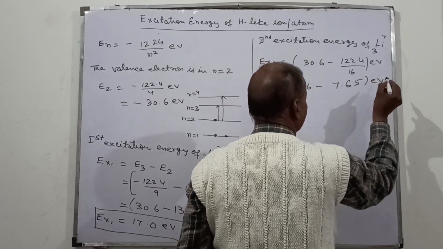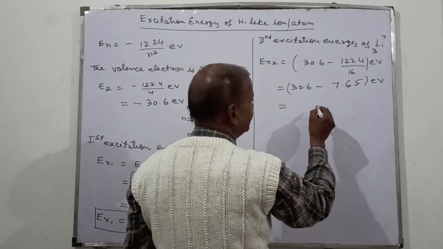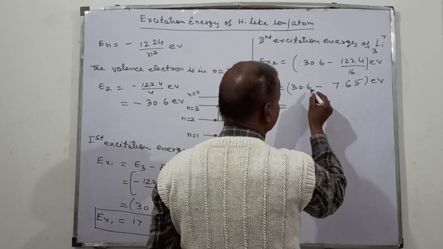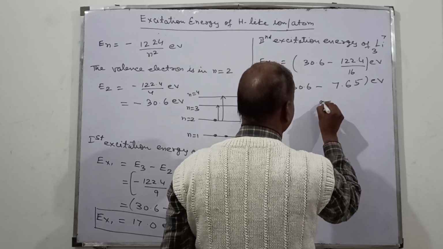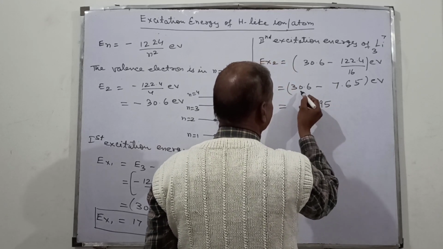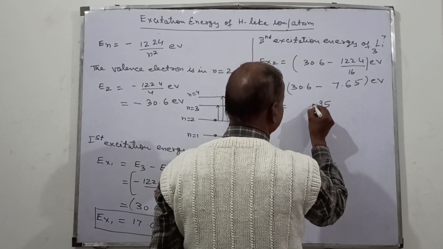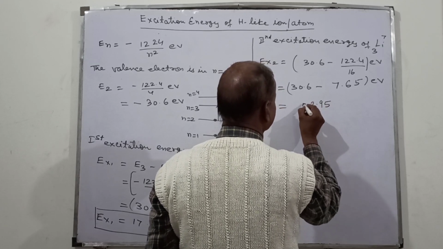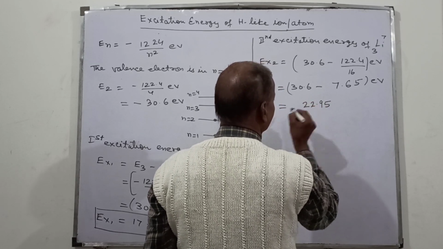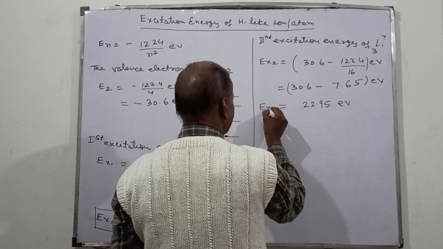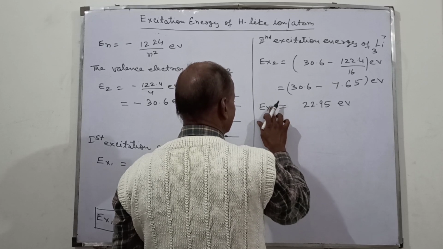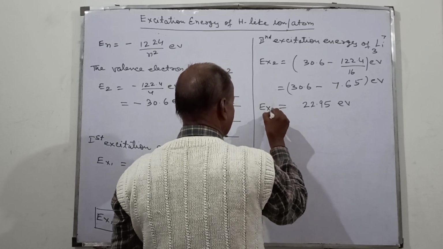So much electron volt. So this will be your 9 point, and this is now 2, so much electron volt. This is EX2.